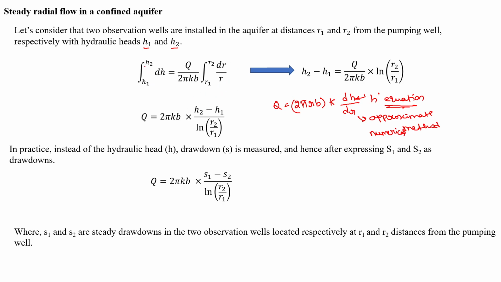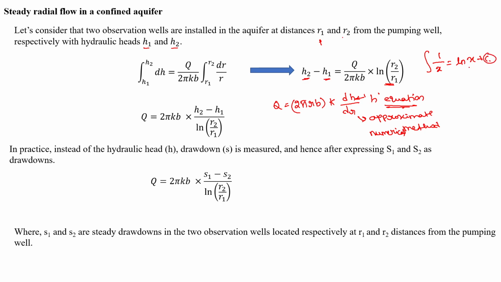Okay, so integral h1 to h2 dh equals Q by 2 pi kb into the integral of dr by r from r1 to r2. Let's say h2 is the hydraulic head at r2 and h1 at r1. So it equals Q by 2 pi kb into ln of r2 by r1. You know how we got ln: the integration of 1 by x equals ln of x plus c.